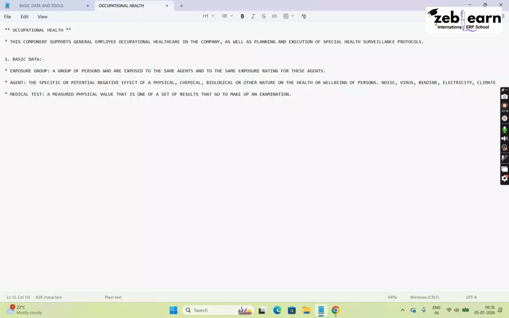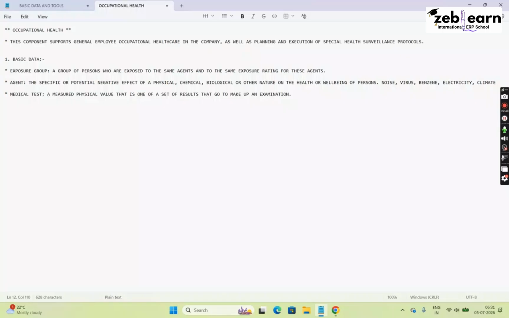So out of all these examples that I have given you, which is a medical test? Whether observing eyes is a medical test, whether checking the color of the tongue is a medical test, or whether taking the body temperature is a medical test?